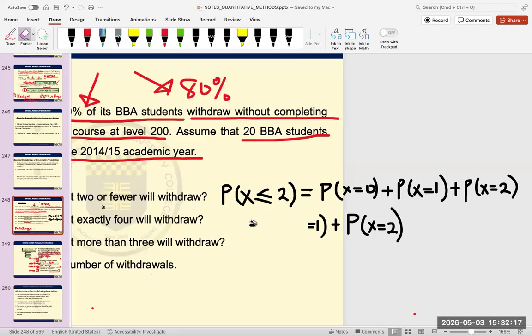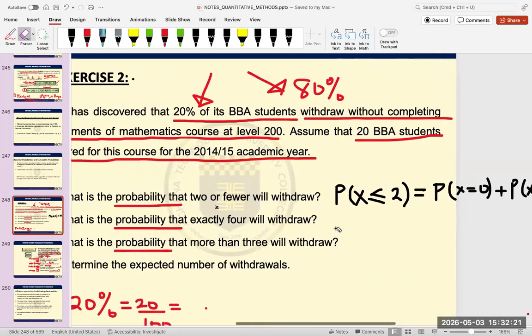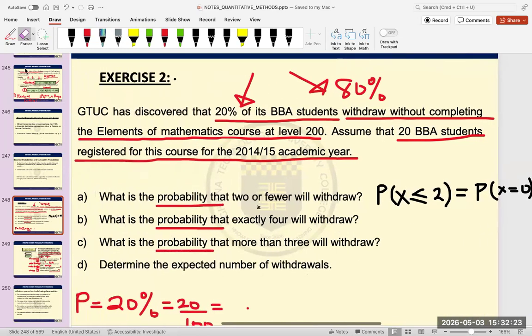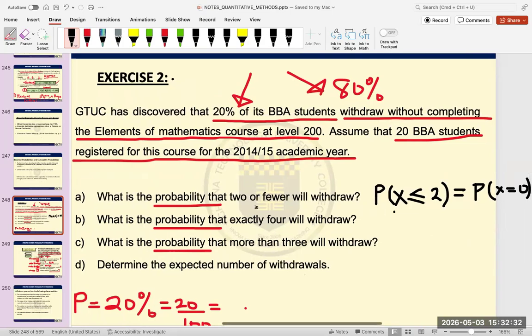That is what we will do for the first one. Now the second one, it says, what is the probability that exactly 4 will withdraw? Exactly 4 means x equals 4. We should find probability of x equals 4.